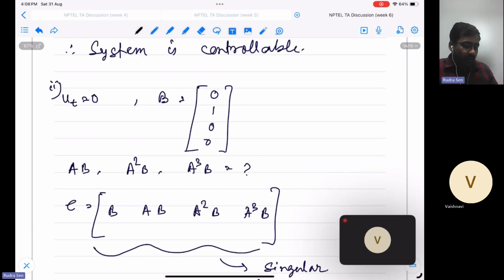So for the case of the linearized satellite system, if the tangential thruster stops working, the system will not be controllable. But if the radial thruster stops working, we can still control the system.